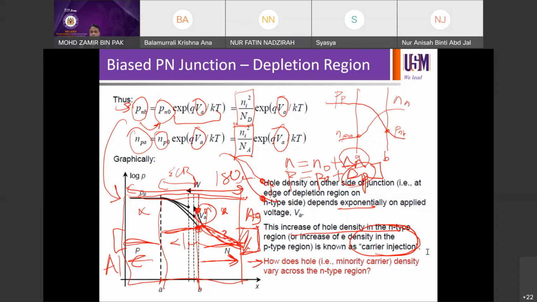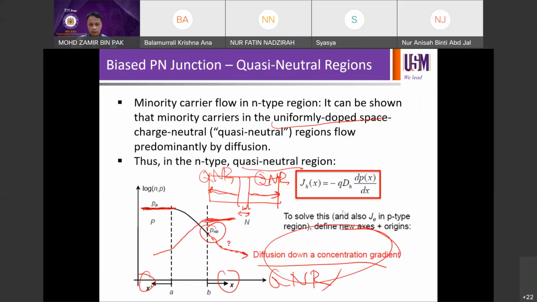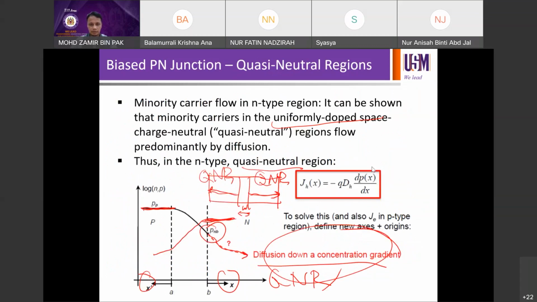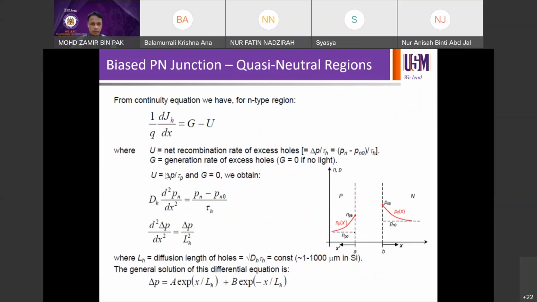As a result, more minority carriers cross the junction and reach the other side of the depletion region. That's how you should tell it if you're asked what causes the minority carriers to increase under forward biasing condition. This is only in the depletion region. So we have not discussed the quasi-neutral region yet. It's going to be a bit more complicated as well.